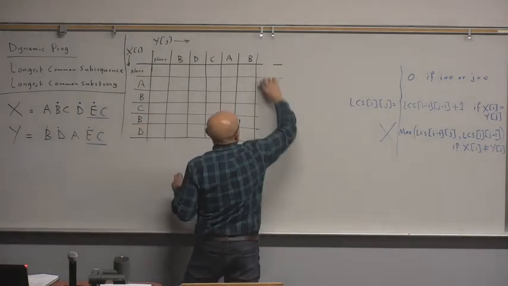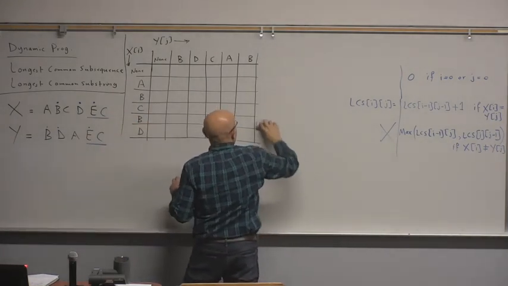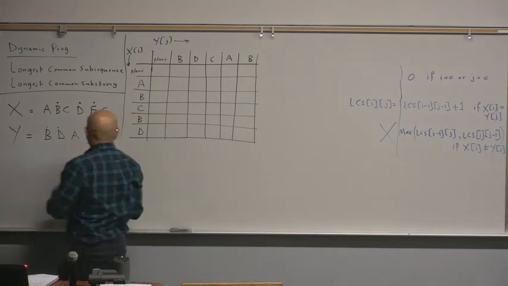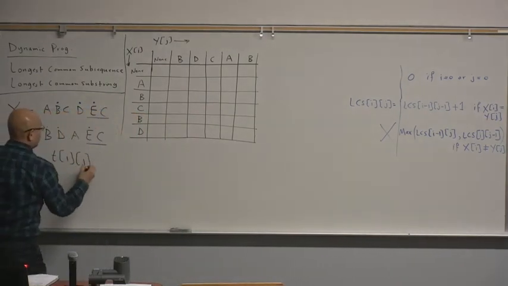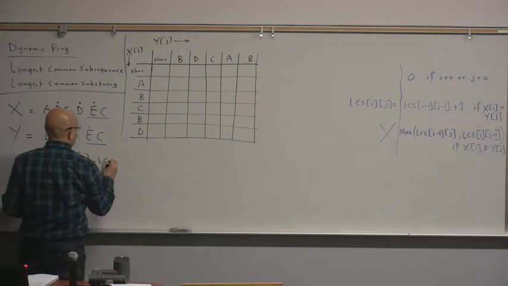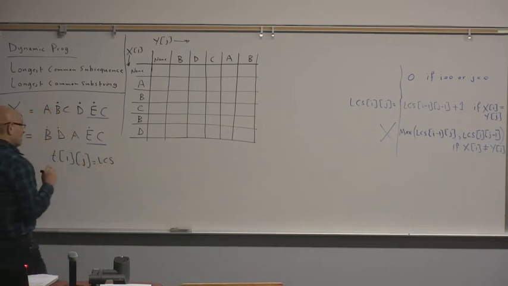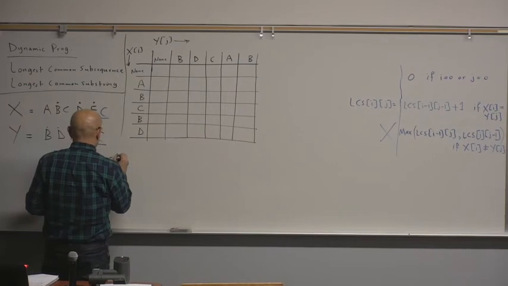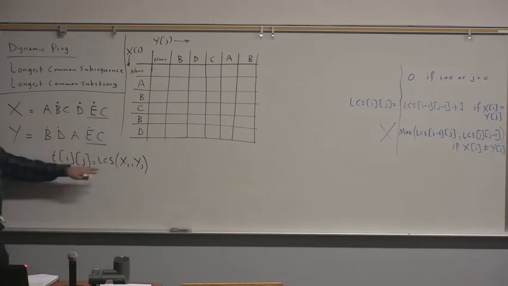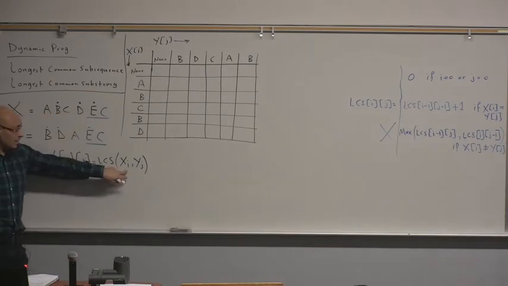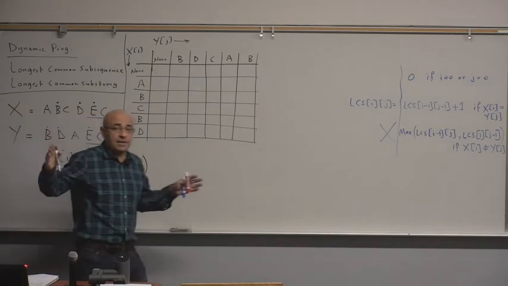Obviously here, the cell T of i and j is the length of the longest common subsequence between x_i and y_j. x_i is the string from the beginning through i, and y_j is the string from the beginning through j.